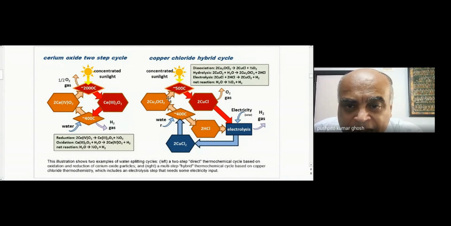And what's happening is that this at 500 degrees centigrade decomposes to 2CuCl and oxygen gets released. So 2 and O, that will be O2. And then you have got 2Cu and 2Cl, which will form 2CuCl.